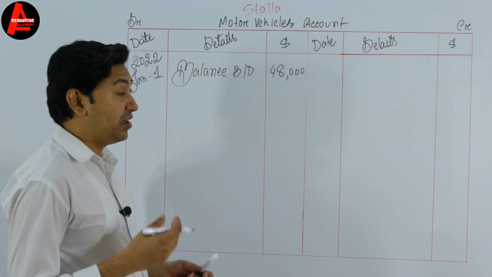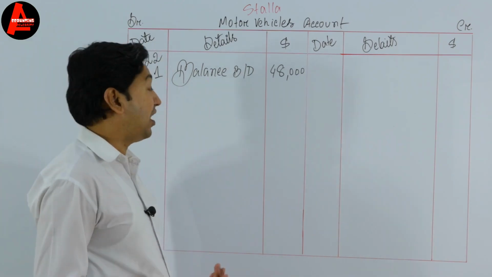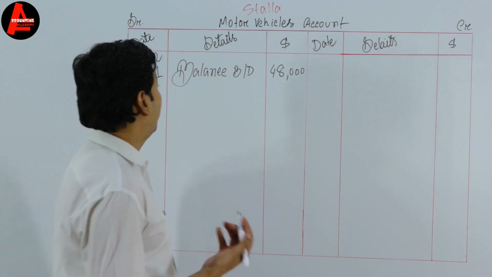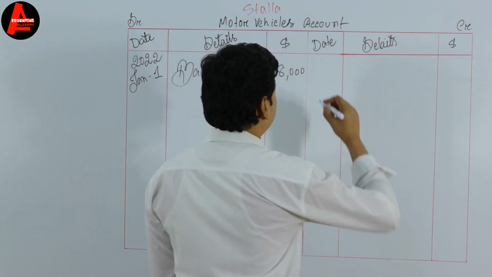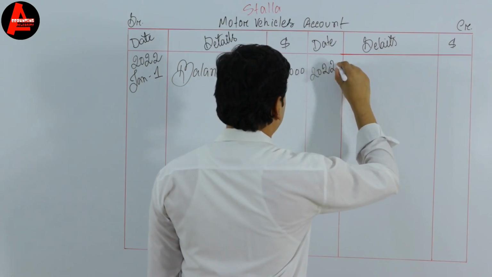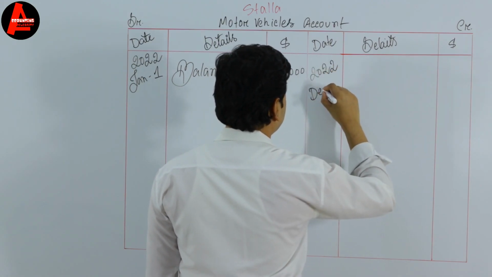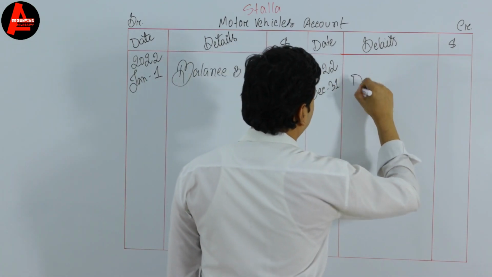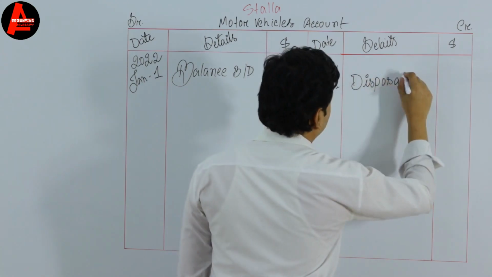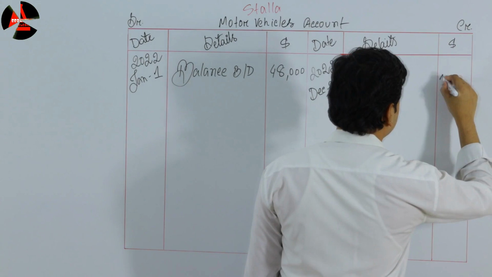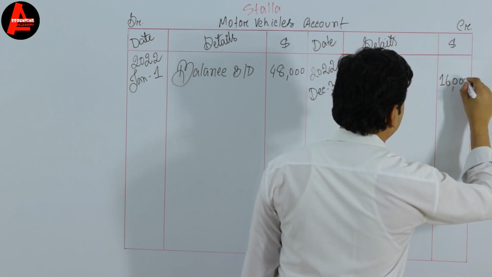So this motor vehicle is sold, yeah? So we will write here disposal, okay? What will the date be here? We'll write the last day of the financial year, 2022 December 31st. We will write here disposal. The cost price of this disposed asset is $16,000.